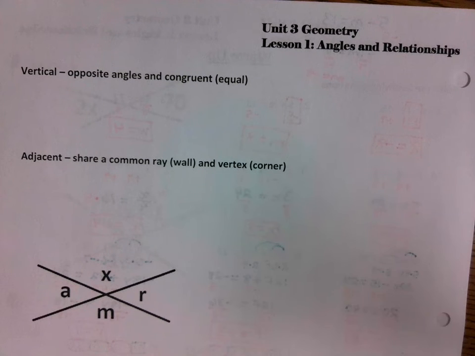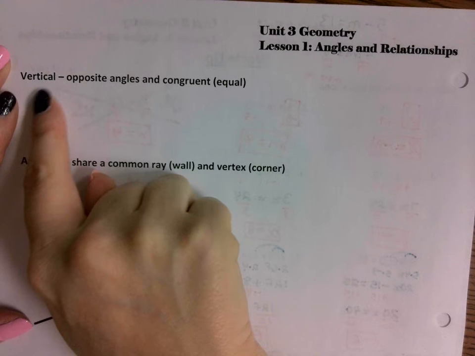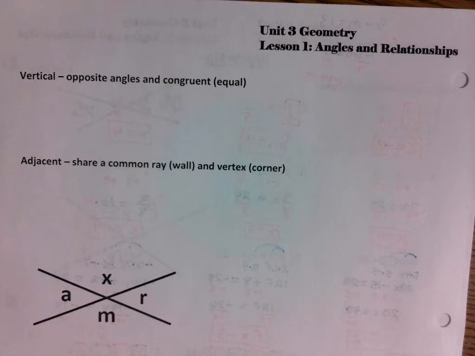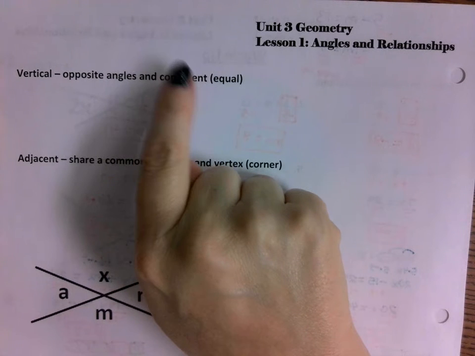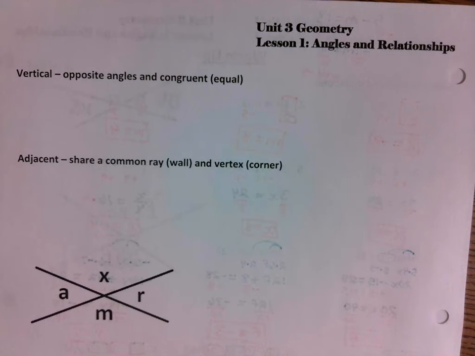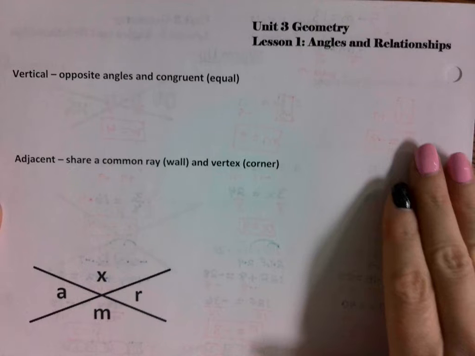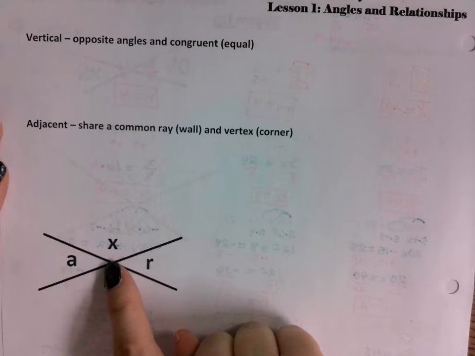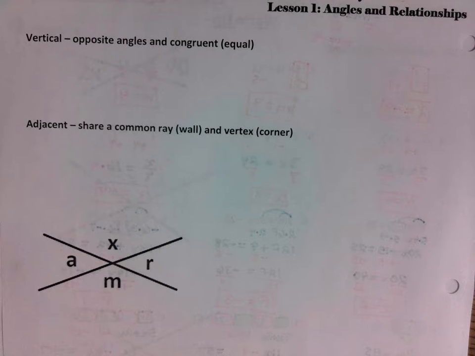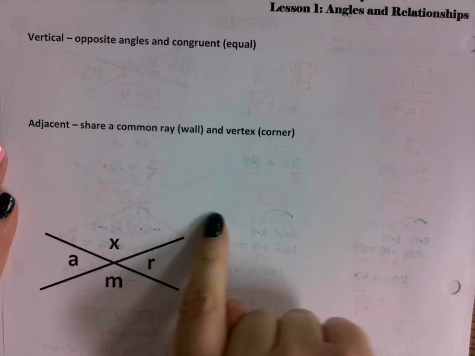So vertical is just a set of two angles that are opposite to each other, and they're congruent. Congruent means equal. They are equal in size and measure. Okay, so when we're looking down here at this diagram, I'm going to reference this diagram for the time being. We have intersecting lines that are going to form these angle relationships.